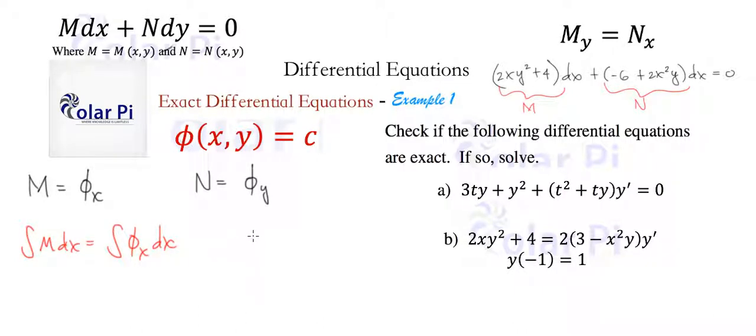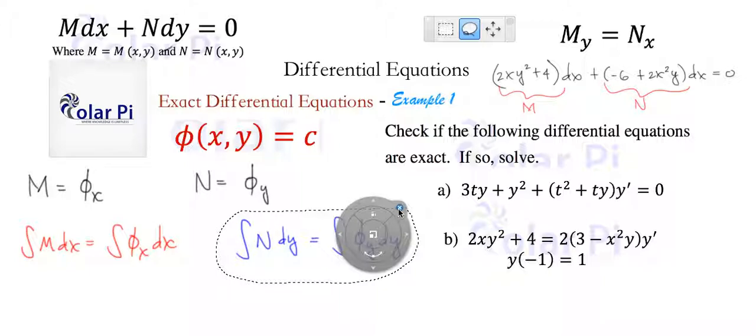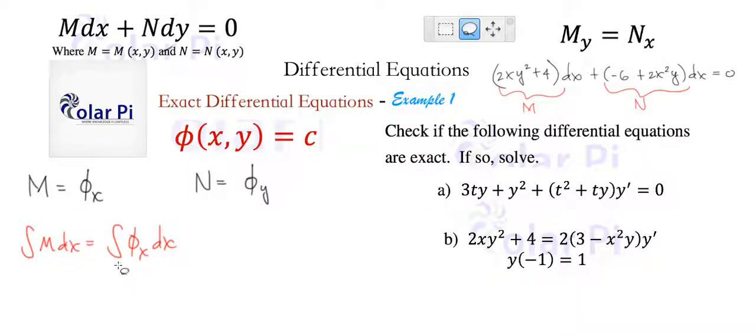We could do that, or we could alternatively integrate n with respect to y. Okay, so we could do either, and I'm going to prefer the former for no good reason. Like I said, you can do either, but I'm going to go with this route.